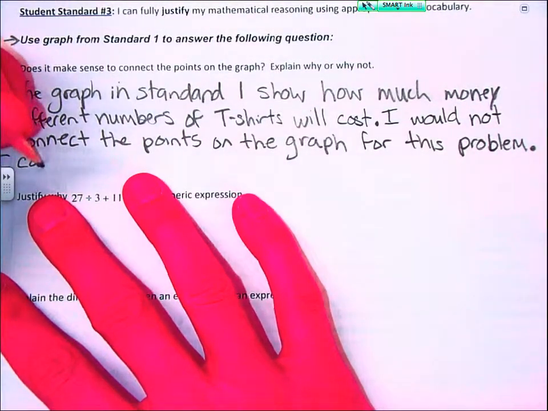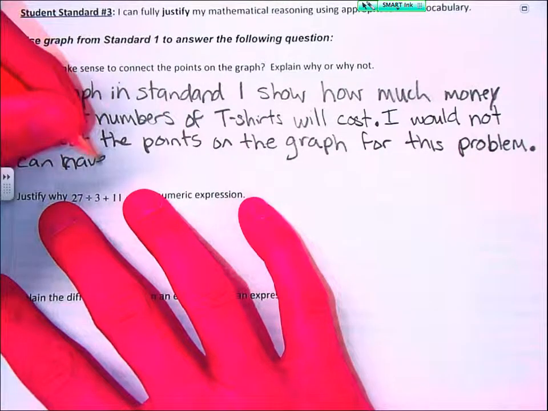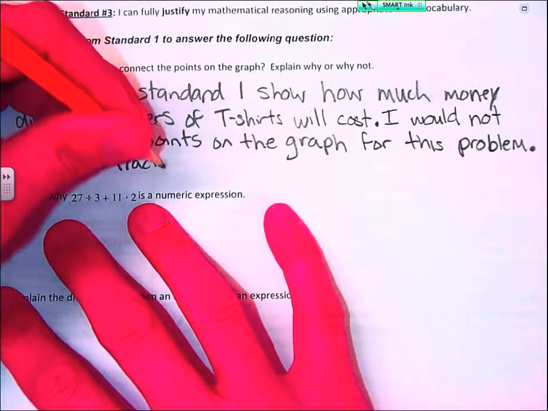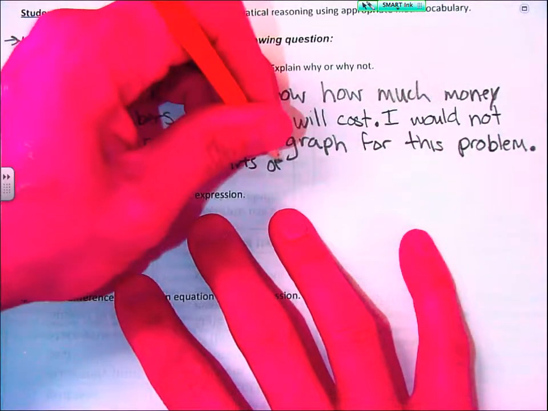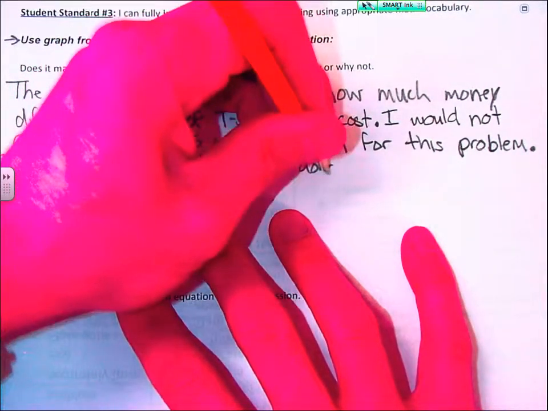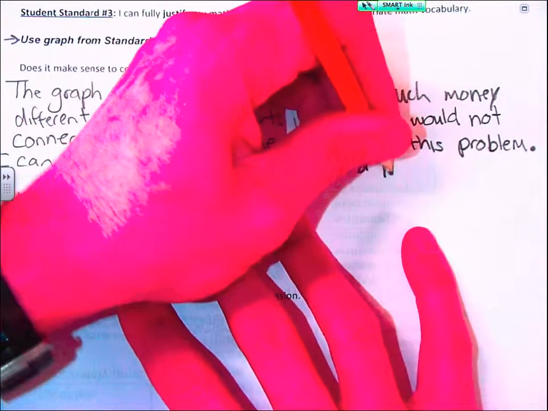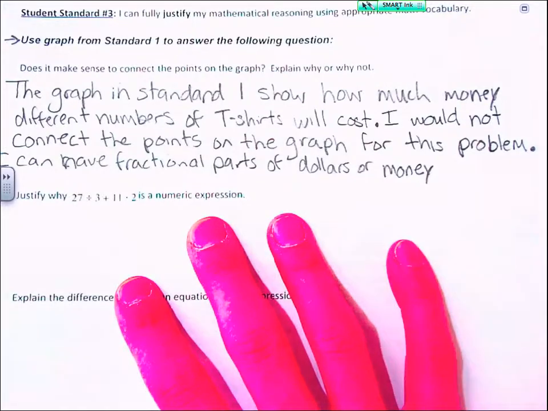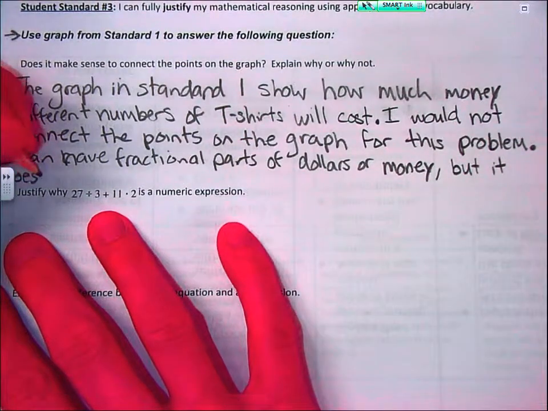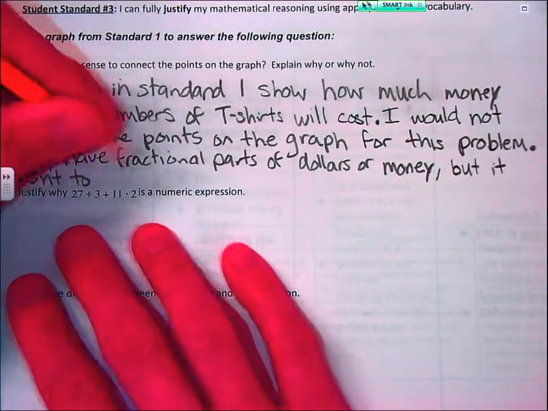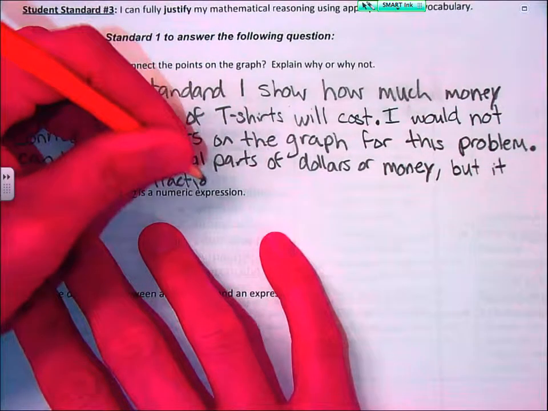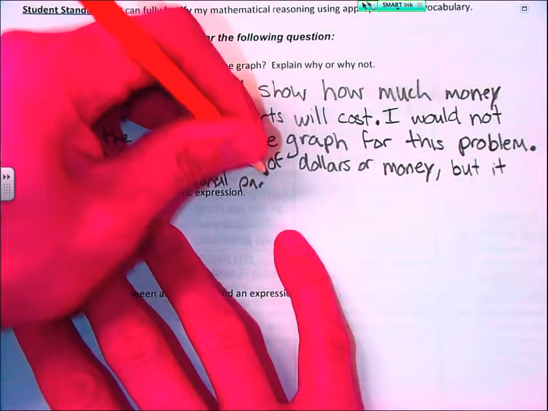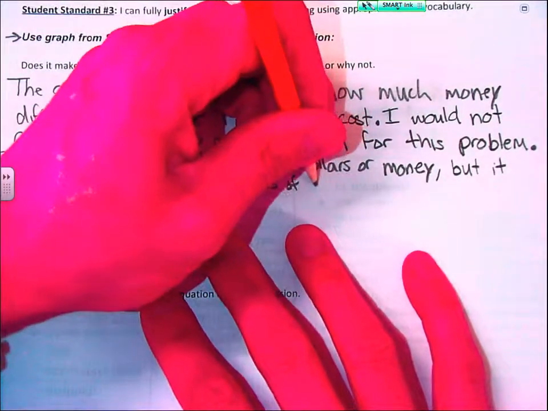There can be fractional parts of dollars, or money, but it doesn't make sense to have fractional parts of t-shirts.